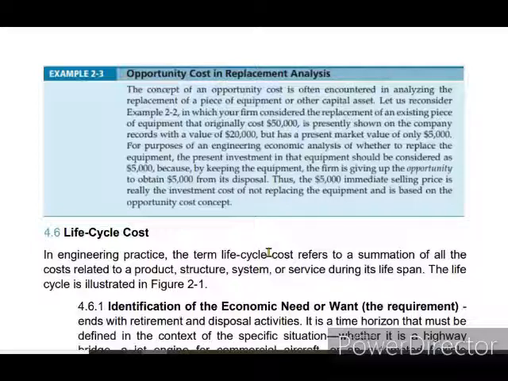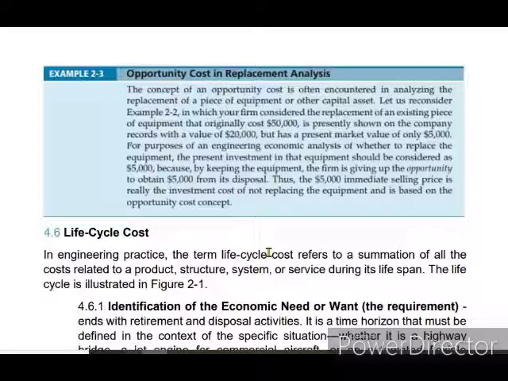It's presently shown on the company records with a value of $20,000 but has a present market value of only $5,000. For purposes of an engineering economic analysis of whether to replace the equipment, the present investment in the equipment should be considered as 5,000 because by keeping the equipment, the firm is giving up the opportunity to obtain 5,000 from its disposal. So it's the opportunity cost.